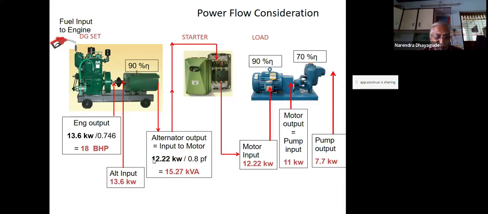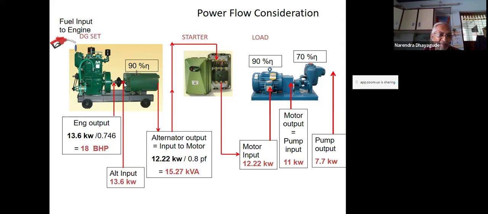Now the electrical power generated is 12.22 kilowatt, and again the alternator efficiency is 90%. So the mechanical input required is 13.6 kilowatt.